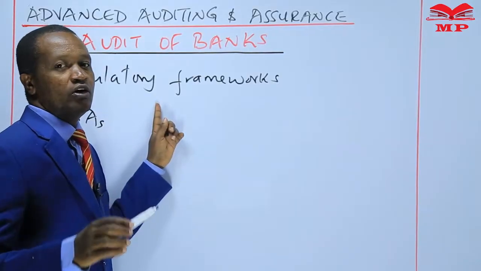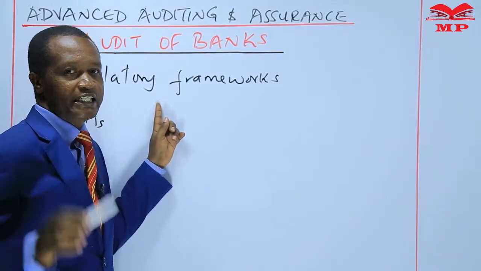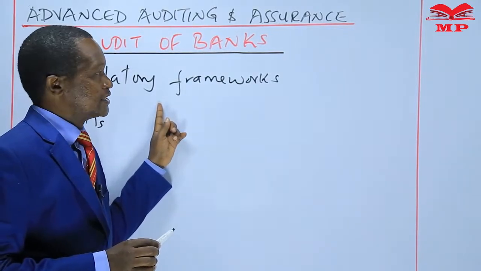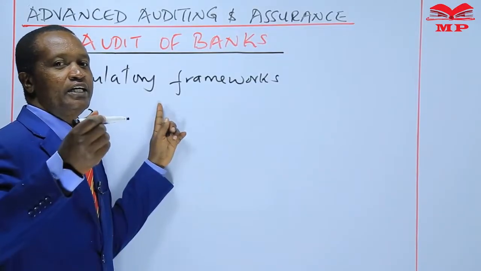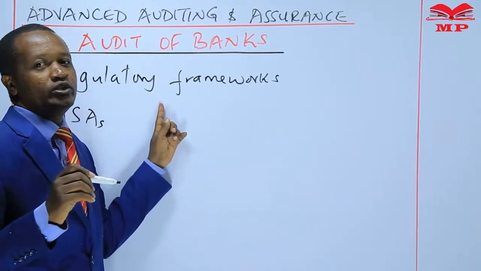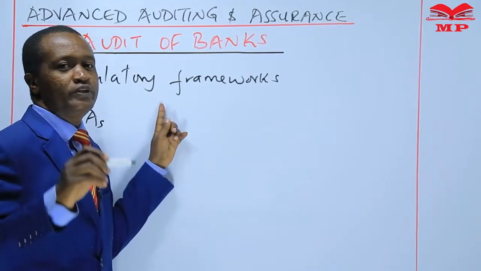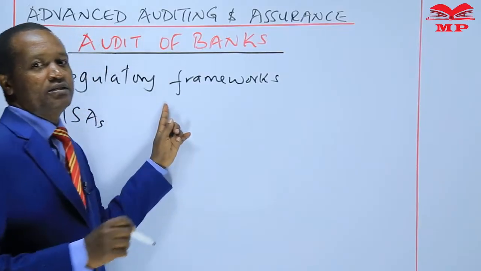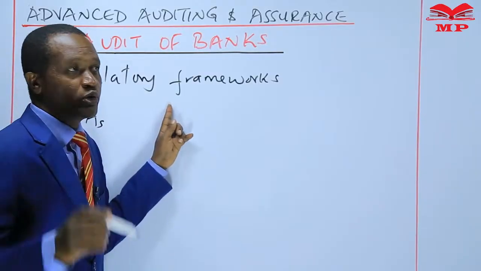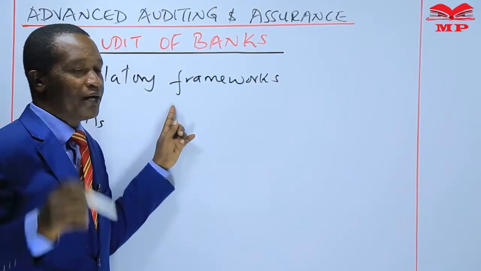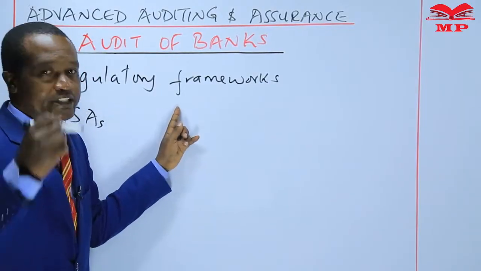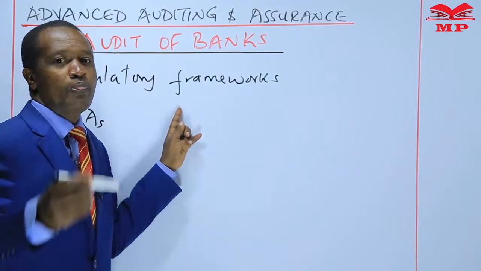The Banking Act of 2015, Section 24, requires every institution to appoint annually an auditor who is qualified and approved by the central bank, whose duty is to audit and make a report upon the annual balance sheet and the profit and loss account, which are to be submitted to the central bank.